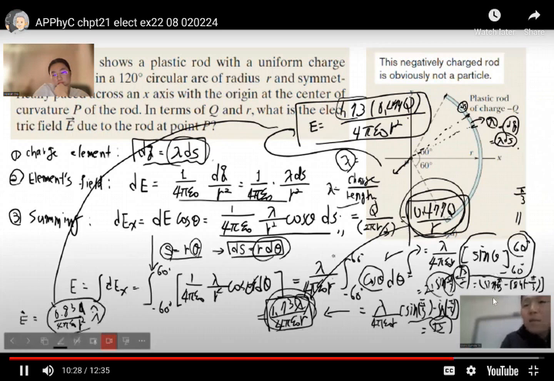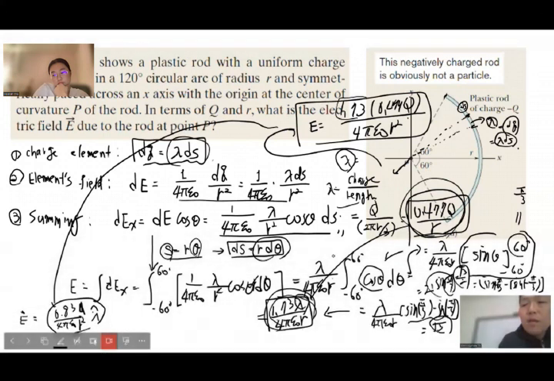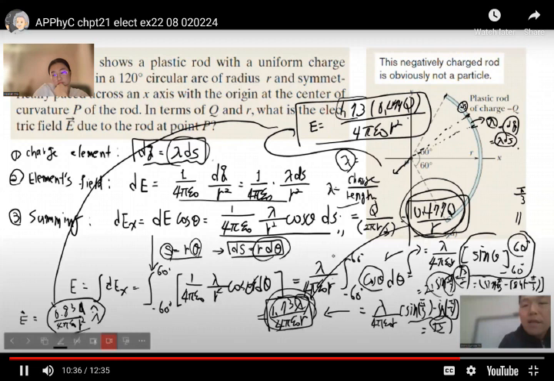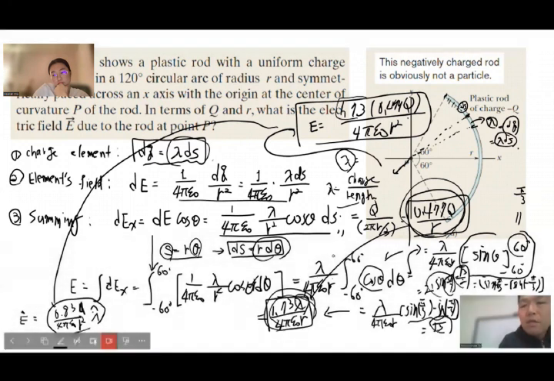Because just like the previous problem, the symmetric line charge is sitting on the x-axis, and the electric field from individual line elements creates two vector components along the x-axis and the y-axis.